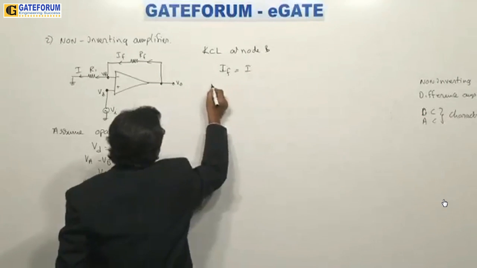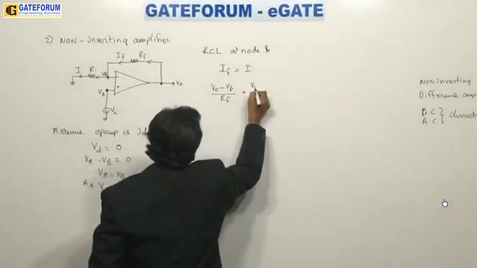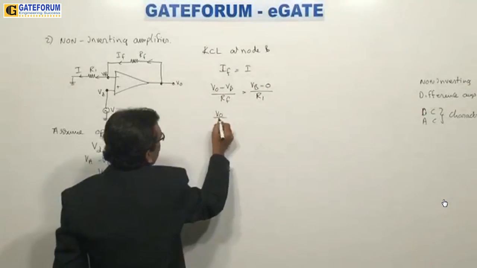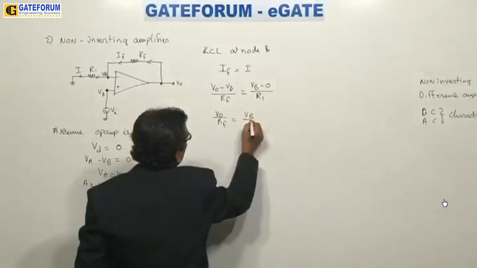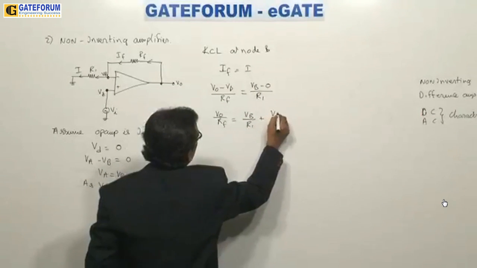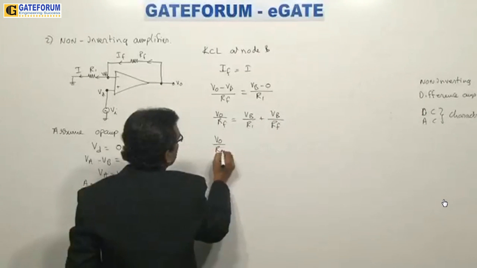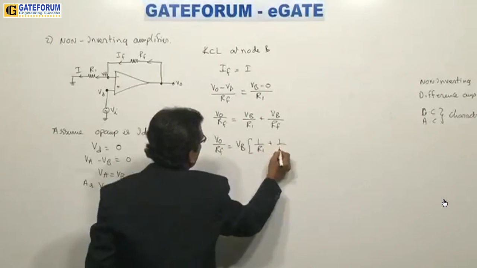Now KCL here gives IF is equal to I. IF is V0 minus VB whole divided by RF, and I is VB minus 0 divided by R1. So V output by RF is equal to VB by R1 plus VB by RF, which is VB into 1 by R1 plus 1 by RF.